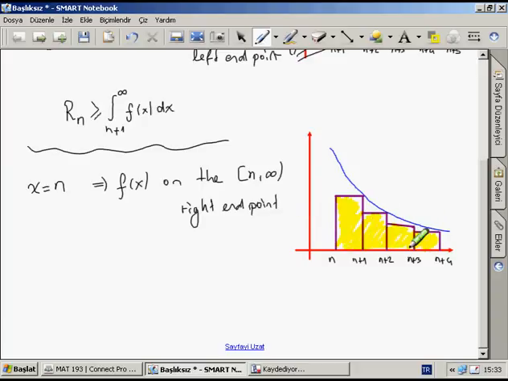And also this is the yellow shaded area for R_n, and now our remainder will be less than or equal to the integral from n to infinity of f of x dx.